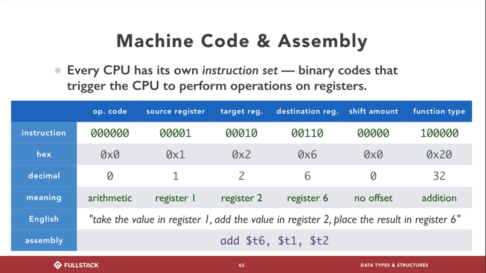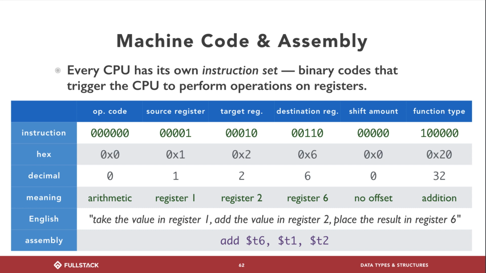Every assembly language command corresponds directly with a given set of on-off states as a machine code instruction. But this is much easier for humans to work with. It's far easier for us to distinguish between add and sub versus 00010 and 00001 or something like that.